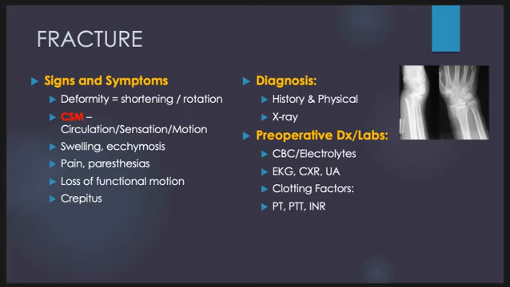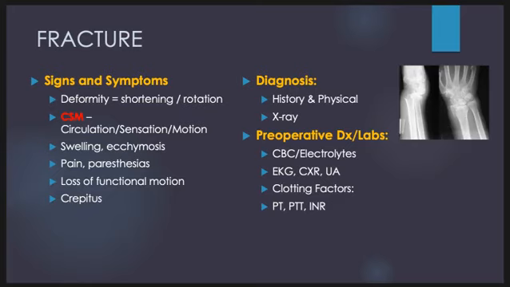Diagnosis of fractures includes gathering history and physical data, but more importantly, x-rays. This helps to confirm whether or not there is a fracture present. So, pre-op diagnosis as well as labs includes CBC with electrolytes. This is usually needed by anesthesiology mostly.